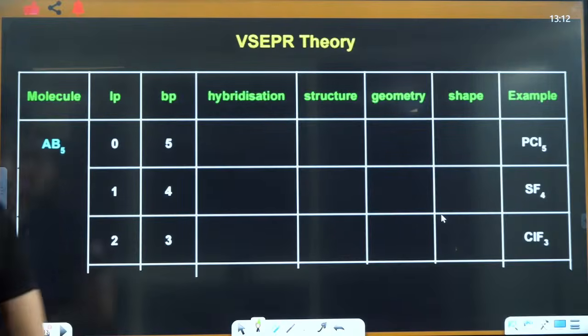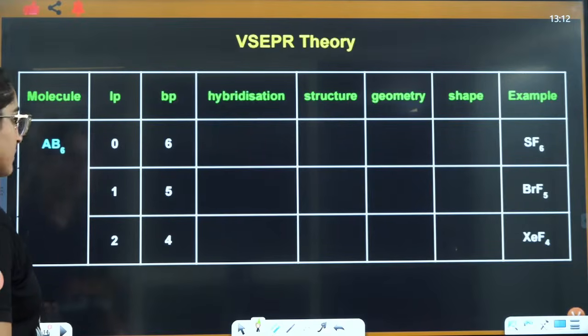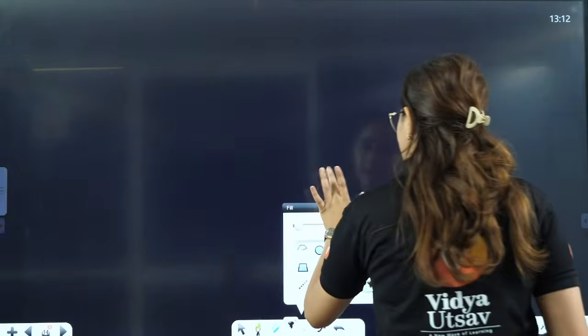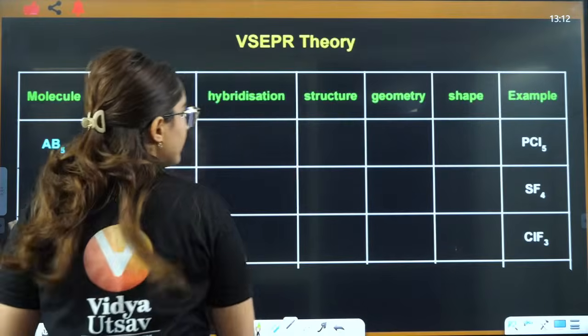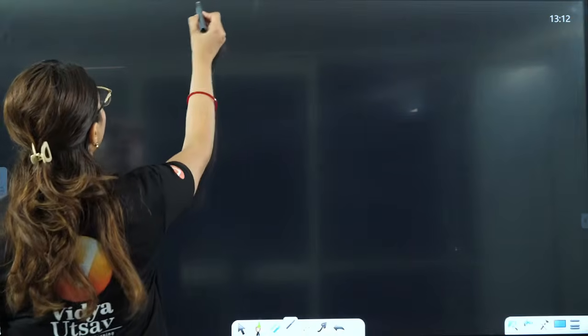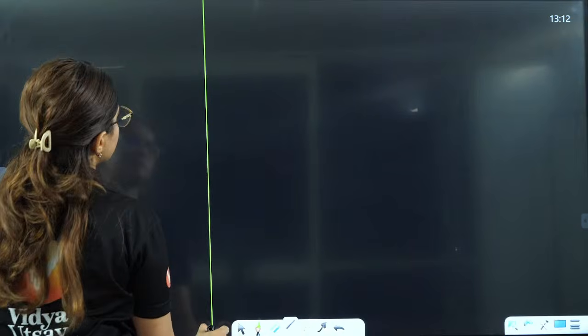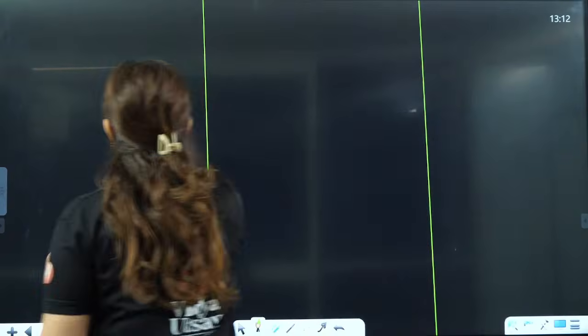Okay, let's do this. Acha. Again, these are all important structures only. We'll take PCl5, SF4 and ClF3. Very important, highly important structures. Now see one thing.